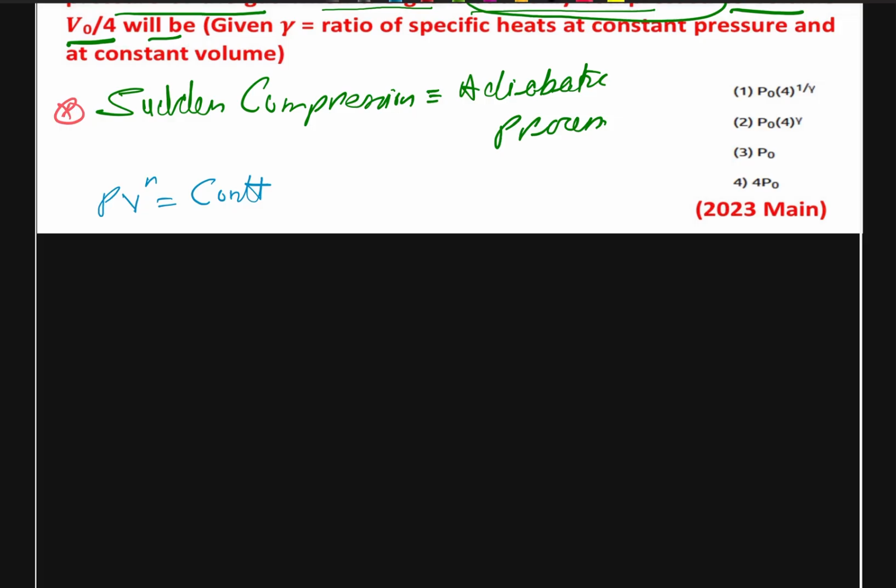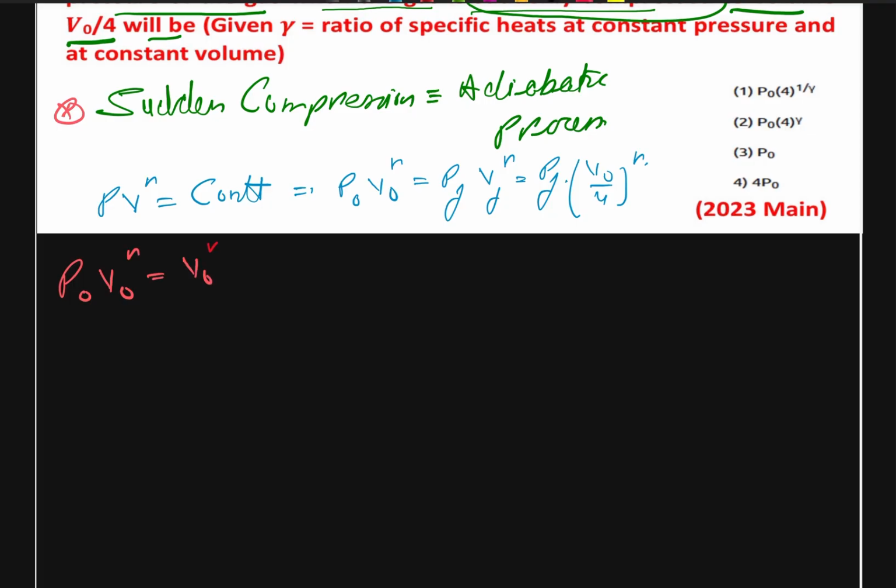So we can write that initial is given as P0 V0 raised to power gamma, and let us suppose final we have PF VF raised to power gamma, and the relationship between the volumes is given, so this comes as V0 upon 4 whole raised to power gamma. So P0 V0 raised to power gamma is equal to PF times V0 by 4 raised to power gamma.